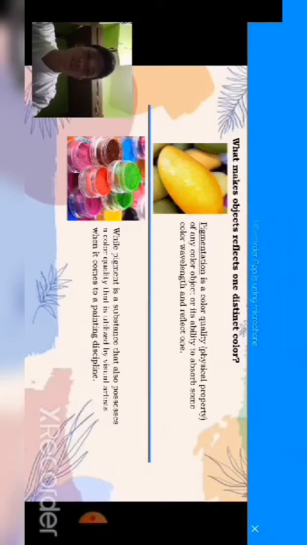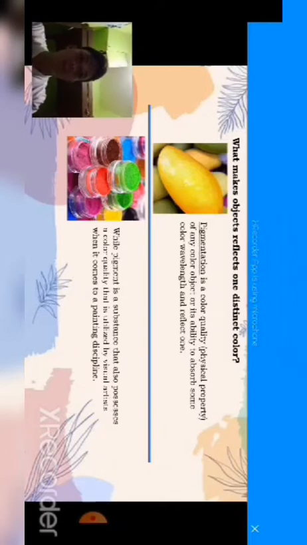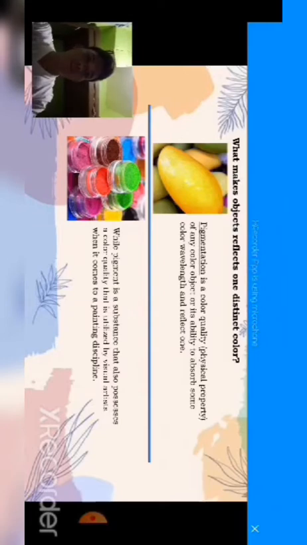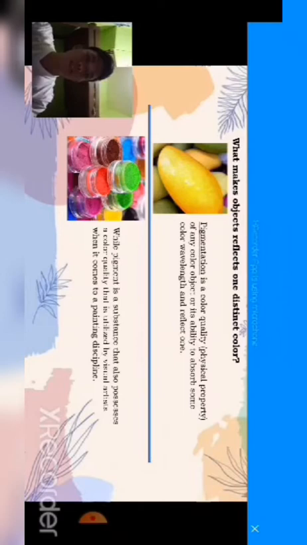So here the pigmentation. Pigmentation is a color quality, which is the physical property of any color object or its ability to absorb some color wavelength and reflect one. While pigment is a substance that also possesses a color quality that is utilized by visual artists when it comes to painting discipline.